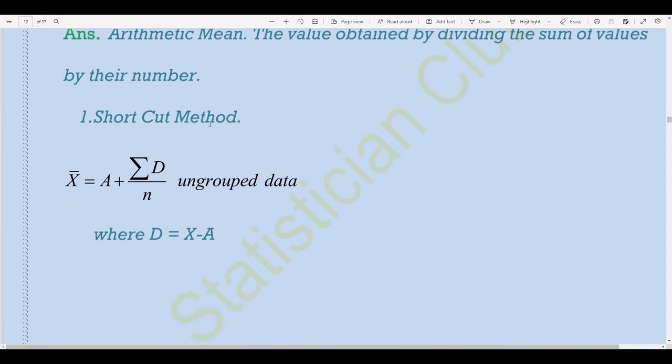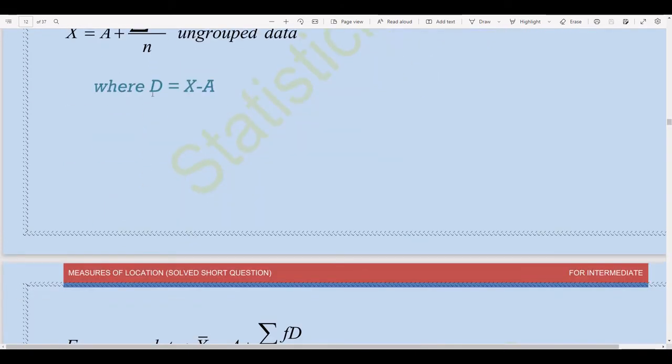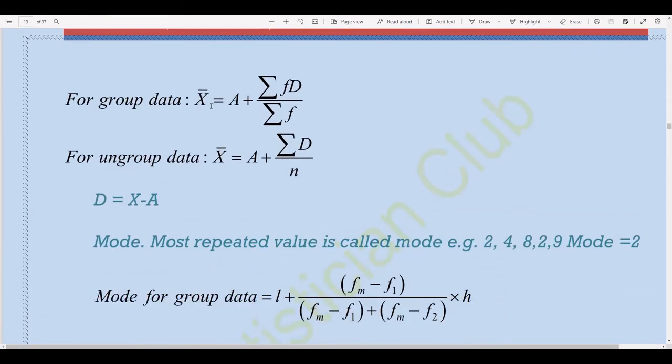The shortcut method is x bar is equal to a plus summation d over n for ungrouped data, where d is equal to x minus a. A is the assumed mean, mostly taken near the middle of the observations. For group data, x bar is equal to a plus sum of fd over sum of f. We read these formulas in the previous question also.